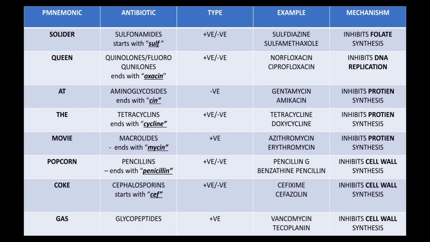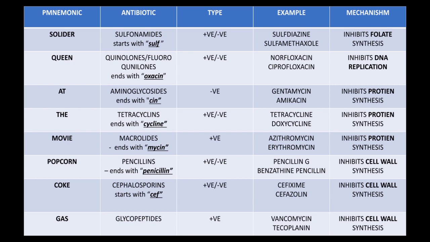You can easily identify which class a drug belongs to. For sulfonamides, the drugs that contain the word sulf, S-U-L-F, are all sulfonamides. You can blindly remember those. Examples: sulfadiazine, sulf, and sulfamethoxazole, sulf.